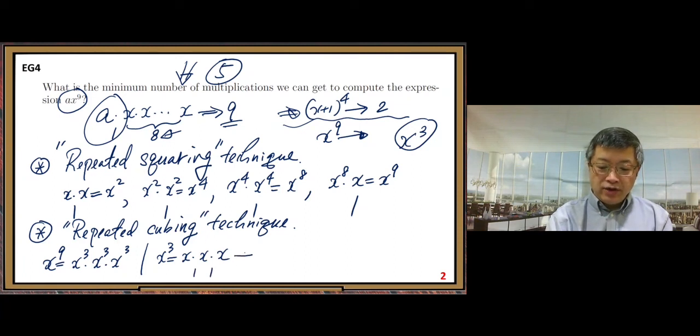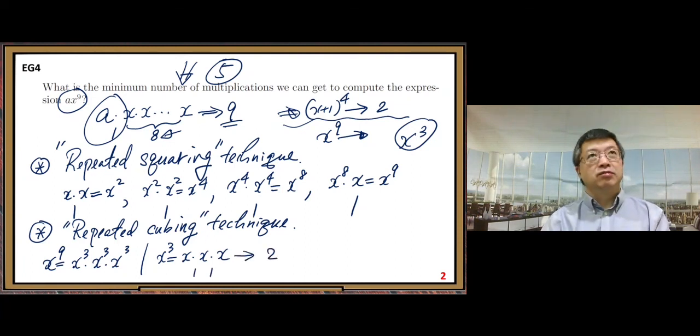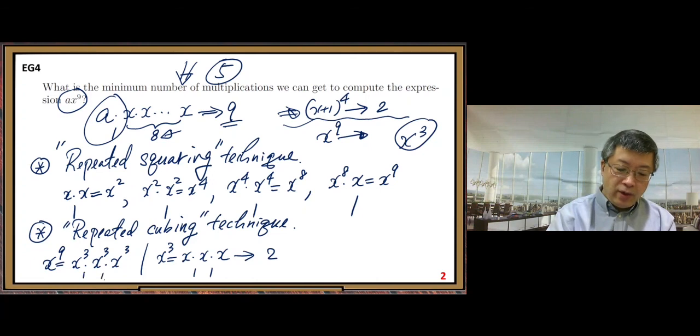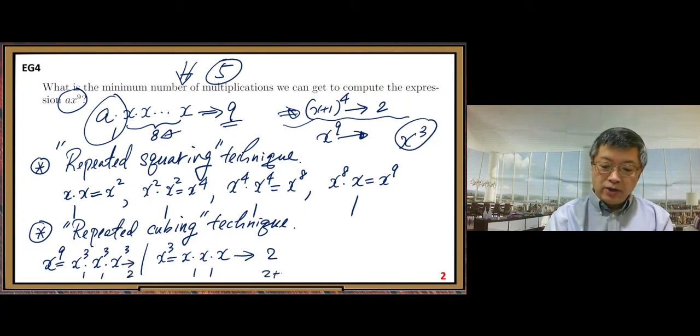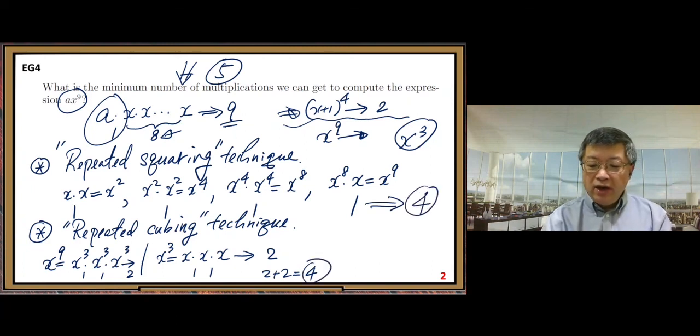So this one, we need 2 multiplications, all right? When we do here, 1 here, 1 here, so another 2. So the total, 2 plus 2 equals 4. That's the same as we do here, 4, right? So for this example, repeated cubing and repeated squaring, same number.